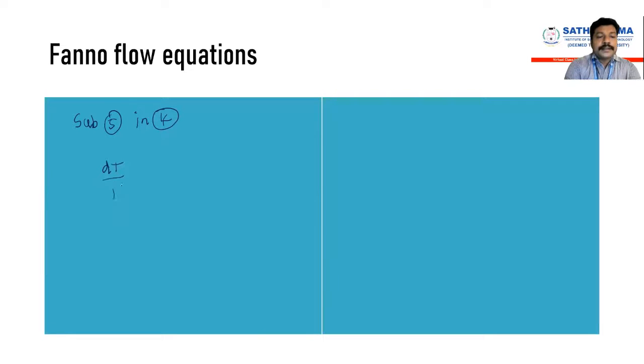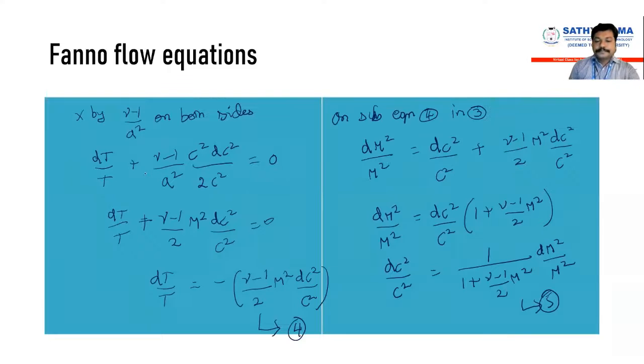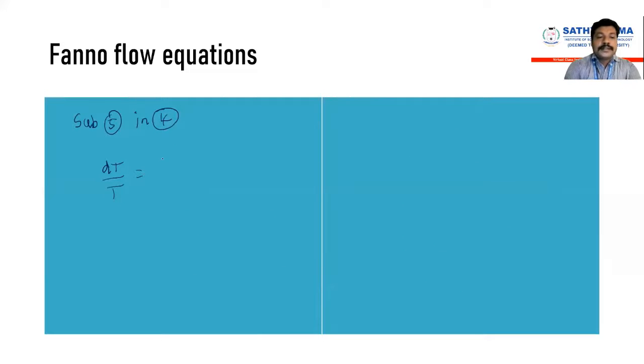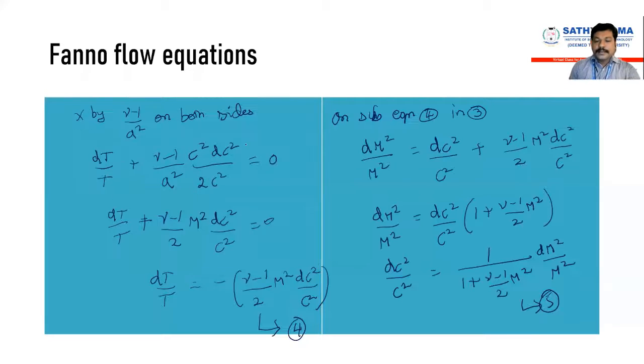So you have dT by T. This is nothing but minus of gamma minus 1 divided by 2 M square, and then here you have dc squared by c square.